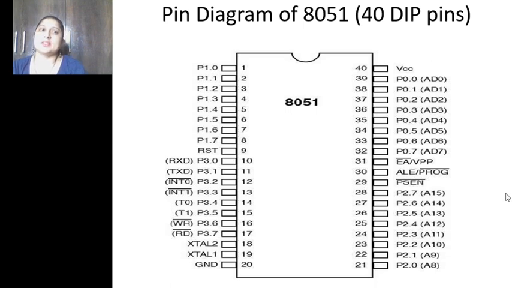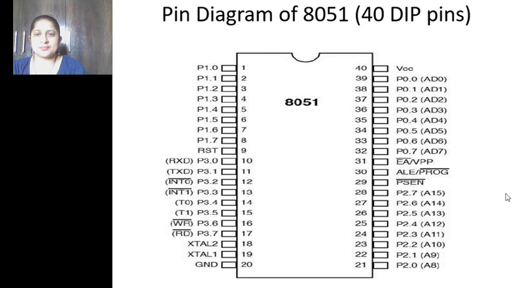When we see the physical chip of 8051, it is a highly integrated chip. It has a total of 40 DIP pins. What does 40 DIP pins mean? Dual inline package pins. In the diagram we can see there are 20 pins on the left side and 20 pins on the right side.